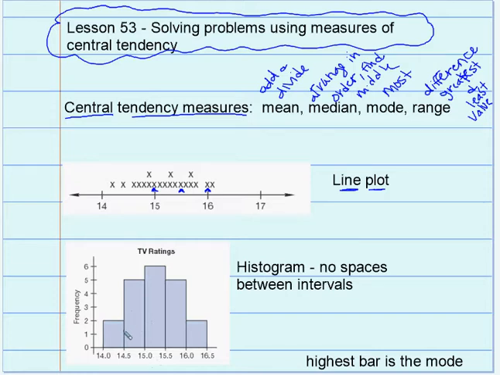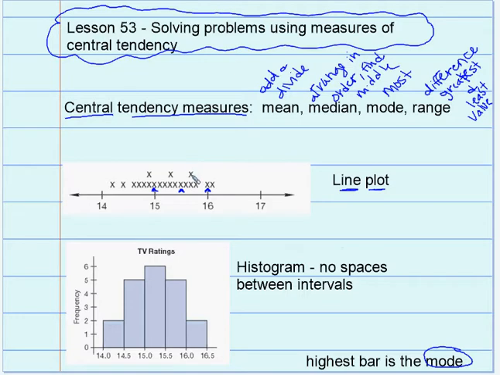And so it's very much like this line plot, only instead of X's, we're representing the values with columns or with bars. Okay, the highest bar, or the column with the most X's, will always be the mode.